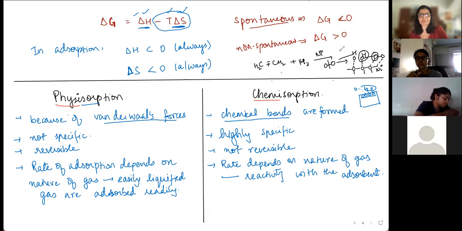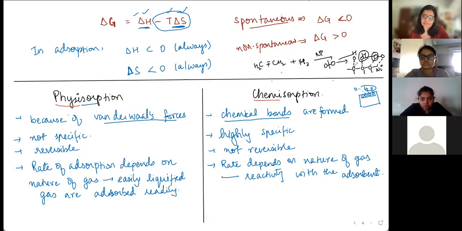Whenever there's a catalyst present, the first step is always adsorption. And in this case, it's not just being attracted due to van der Waals forces, but there is an actual chemical bond being formed between all of these atoms. So that's why it's much better and highly specific.